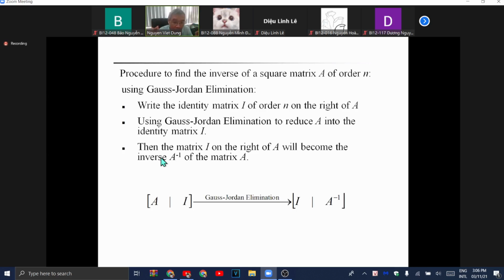Here, I summarize it in 3 steps, like you are seeing on the screen. First, we write the matrix A, and on the right side of A, we write the identity matrix of the same order. Then, in the second step, we use elementary row operations in the Gauss-Jordan elimination procedure to reduce the matrix A to the identity.